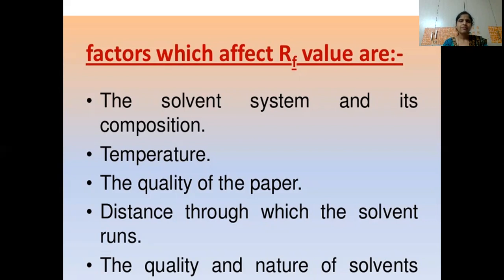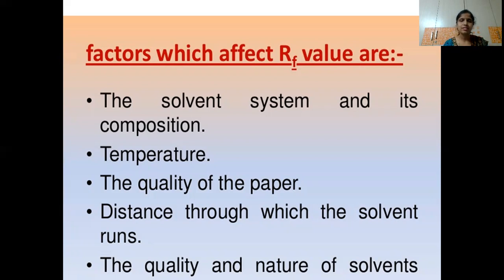So what we have covered is the principle behind chromatography. It is mainly an adsorption technique, and the various phases involved in chromatography are the stationary phase and the mobile phase. Depending upon the type of the phases, the various techniques of chromatography are different.